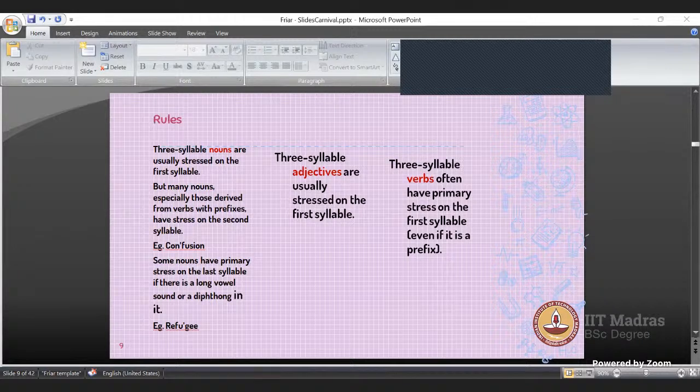Ma'am, when we have a suffix with double E and double O, then the stress is on the double E and double O. Yes, because whenever you have a long vowel, the stress has to definitely fall on that. You haven't gotten into that particular theory yet, so I don't go into the details.